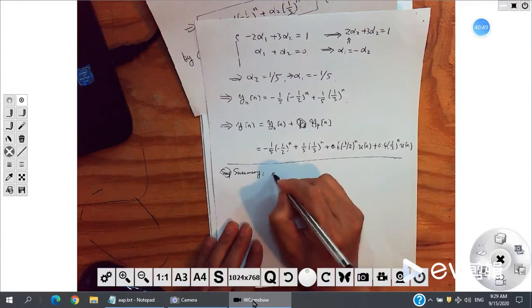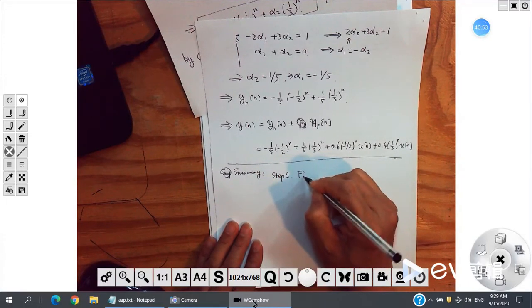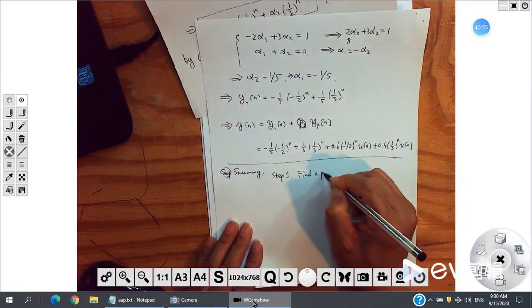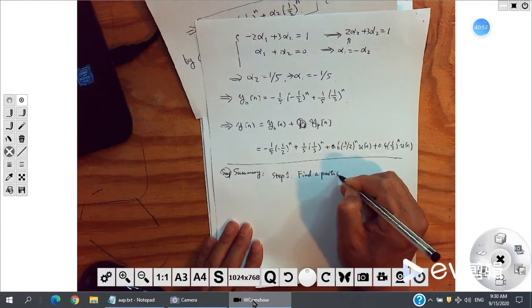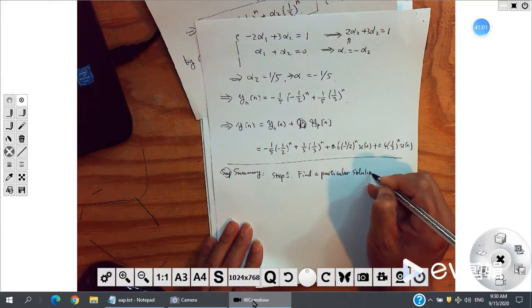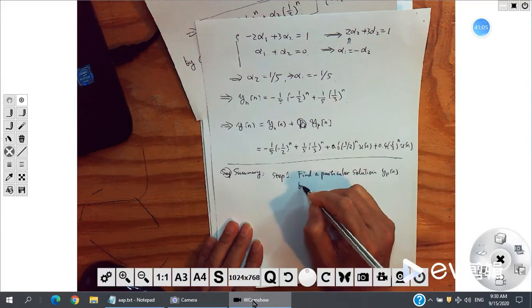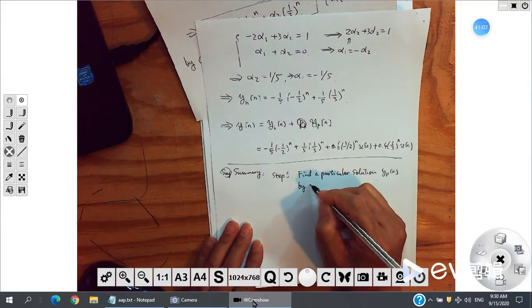Step 1, find a particular solution Y_P of n by Fourier transform.